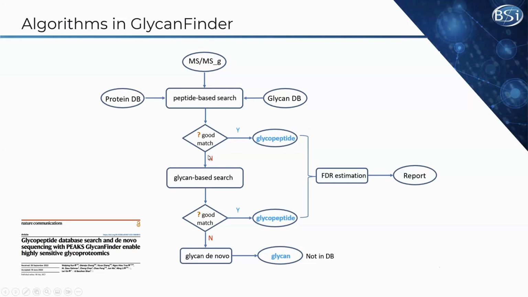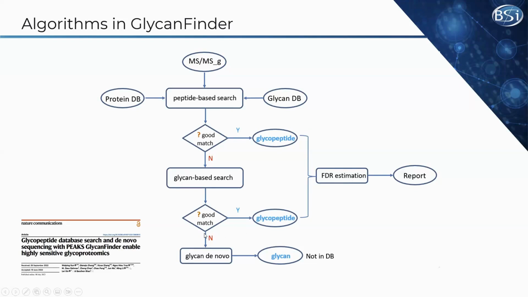However, if that's not the case, we can still perform a glycan-based search. And so we still search the glycan fragment ions against the glycan database. And even though maybe we don't have good peptide backbone fragment ions, we can still retrieve a potential glycopeptide. Then all of these results are controlled by an FDR.